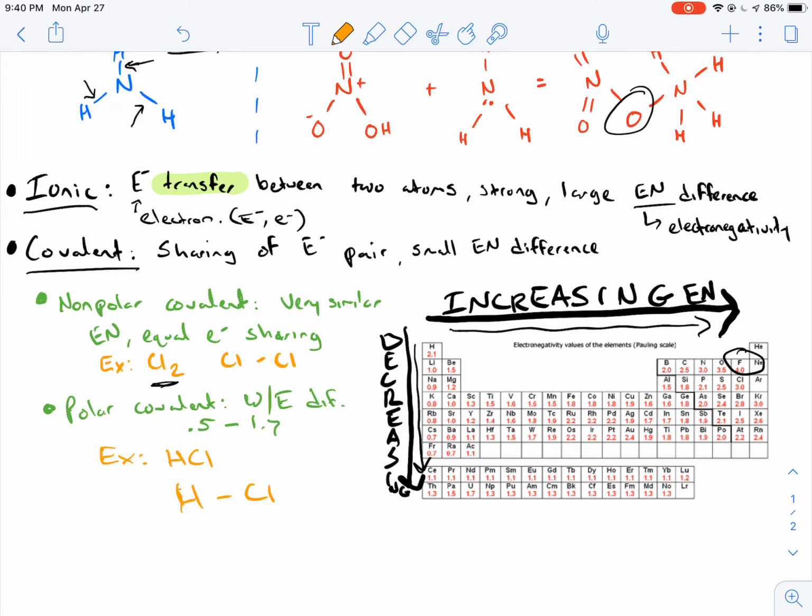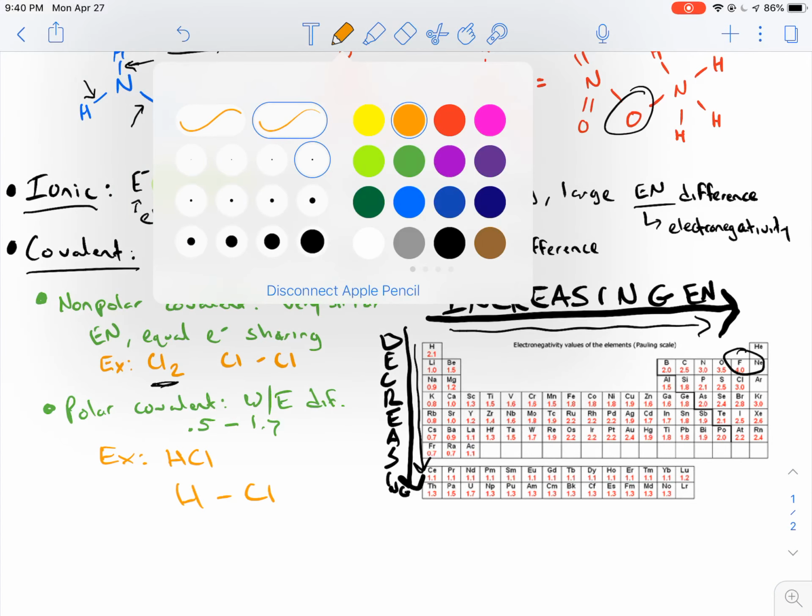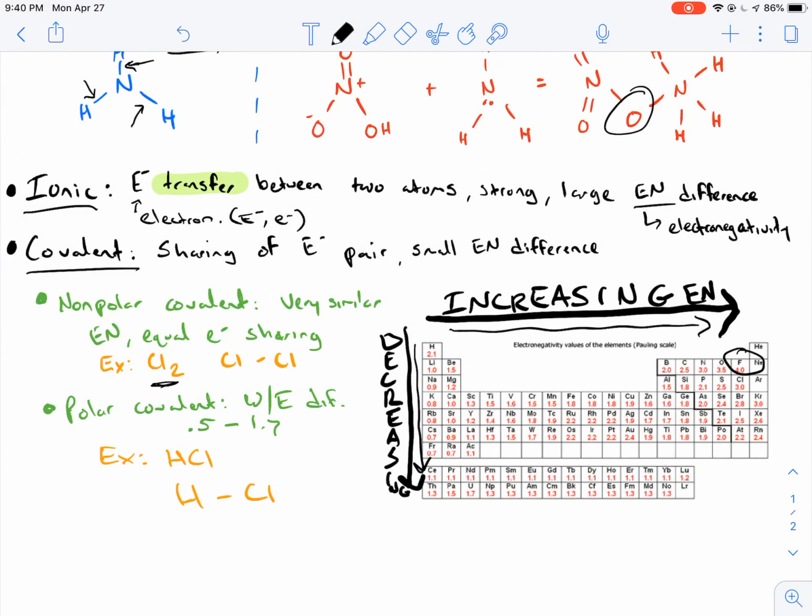The more electronegative atom is obviously chlorine, so we would give that a partial negative charge. Let's do that in a different color to make it clear, in black. And then the more positive side, hydrogen, would get a partial positive charge.